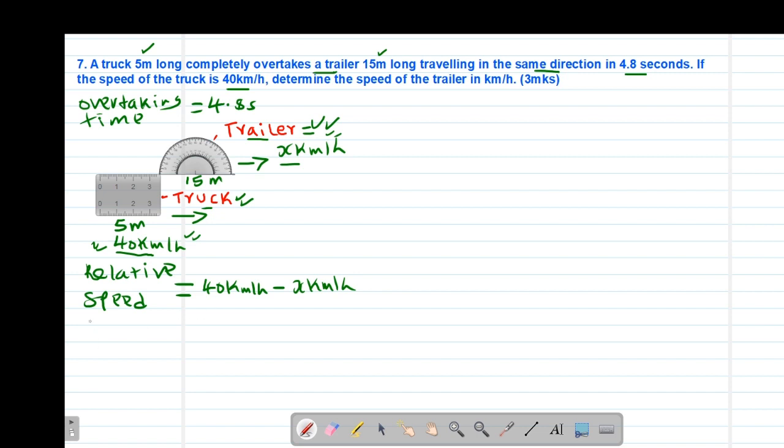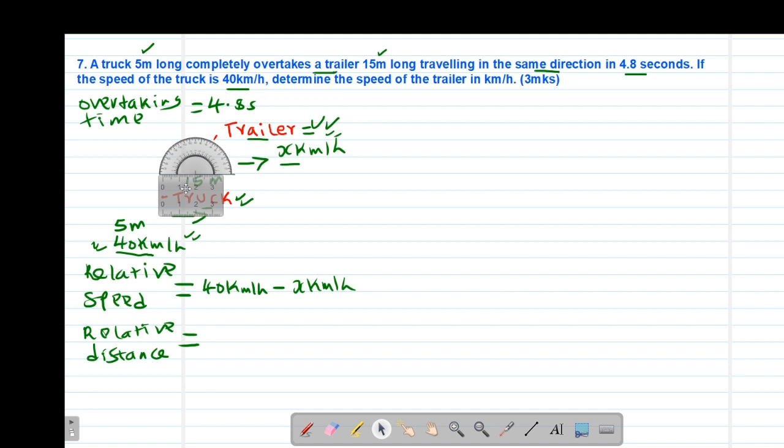Then we also need to find what we call the relative distance. The relative distance will simply be the sum of the distances of these two particular vehicles. Remember, for the truck to overtake, it simply means that the truck has to move such that its end gets to this point.